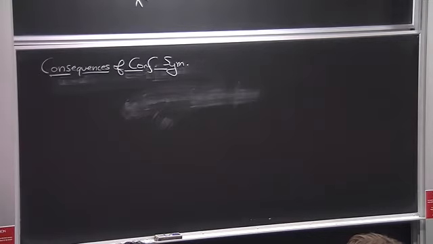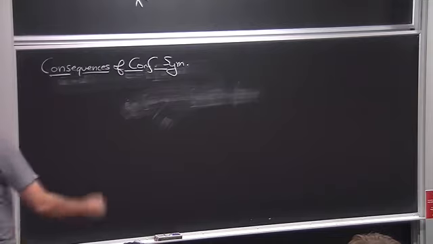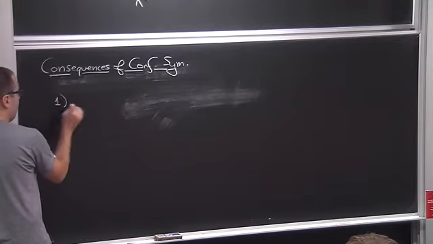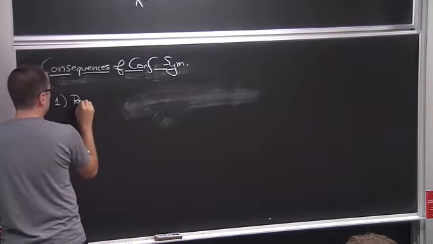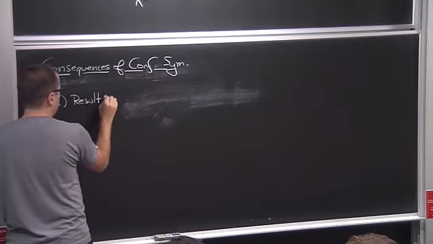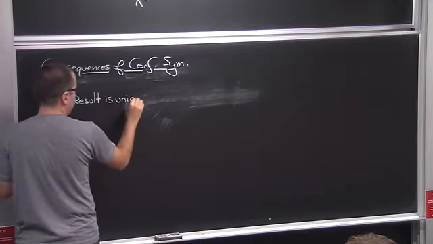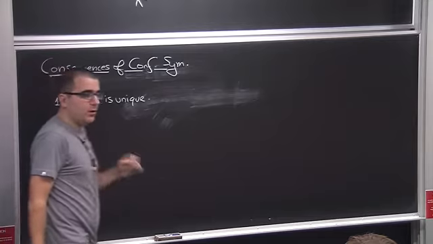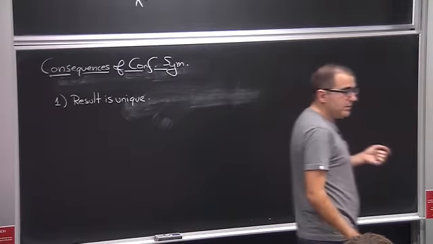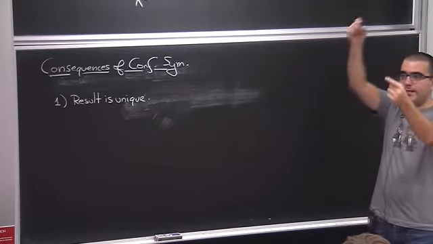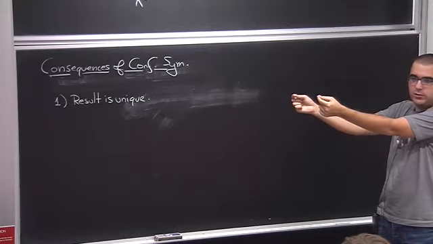And the derivation goes as follows, an alternative derivation. Step 1, you say that the result is unique. Why is the result unique? Because by a conformal transformation, you can map any 2 points to 2 points that you want, 0 and 1.